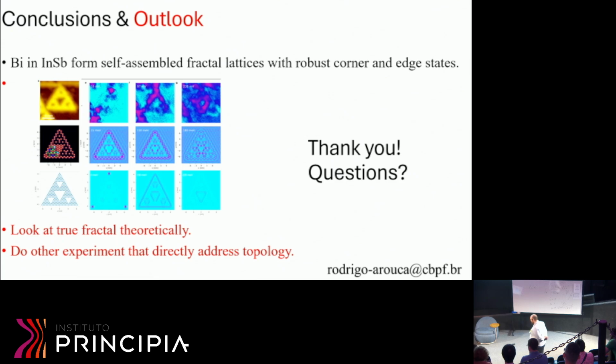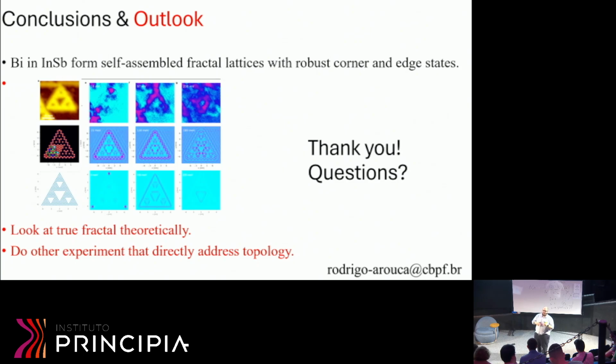No, I think, for me, it's not obvious as well. As I mentioned, the formation of the fractal is not something I work with. I just look at the structure. In my understanding, this is very close to the lattice that bismuth forms: if you have a layer of bismuth, it will create a lattice very close to this itself. And the fact that you can grow bismuth on top of indium antimonide will favor creating these Sierpinski triangles because of this large mismatch.